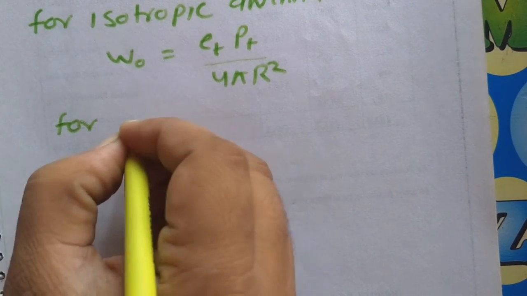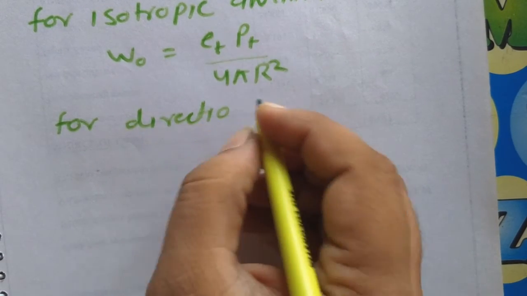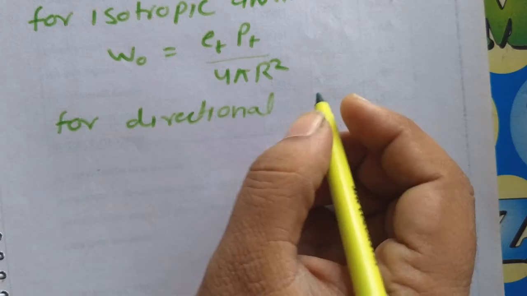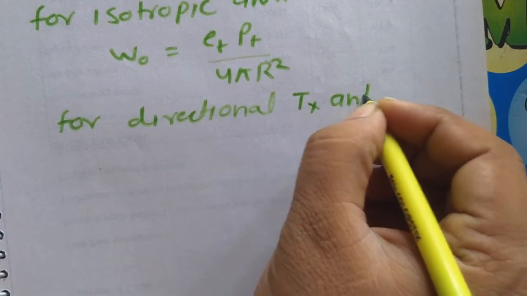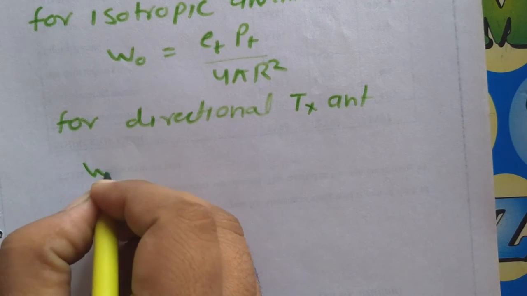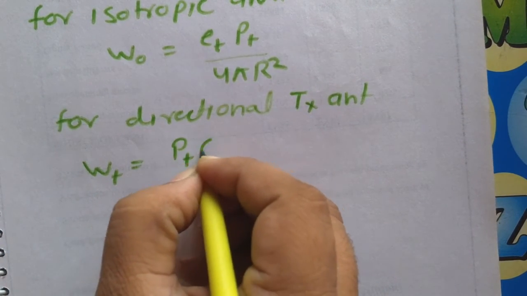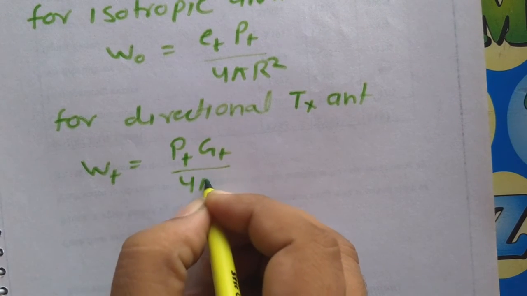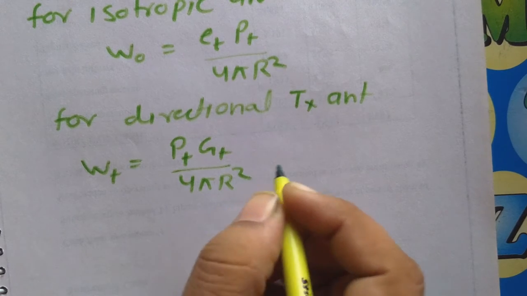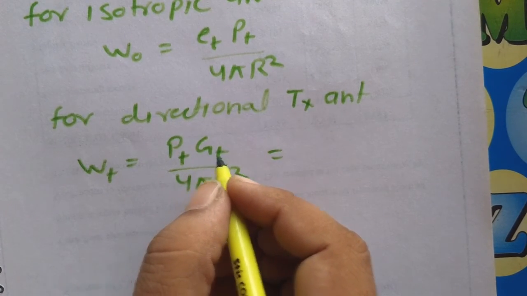Okay, for directional transmitting antenna, power density will be equal to PT GT upon 4 pi R square, and GT is equal to efficiency into directivity.